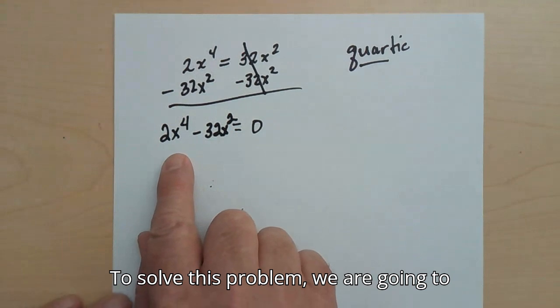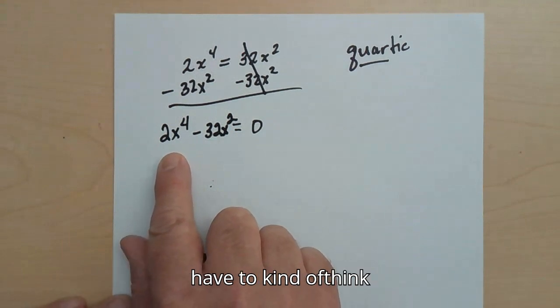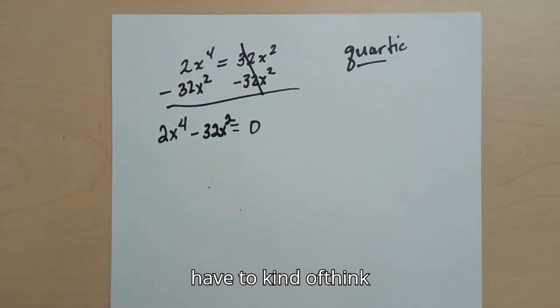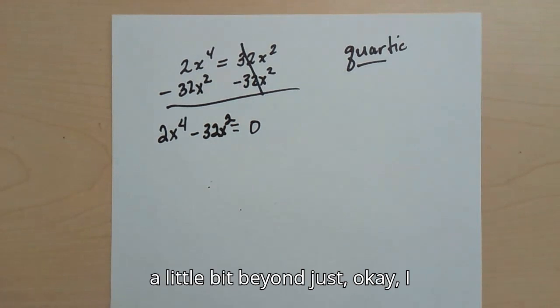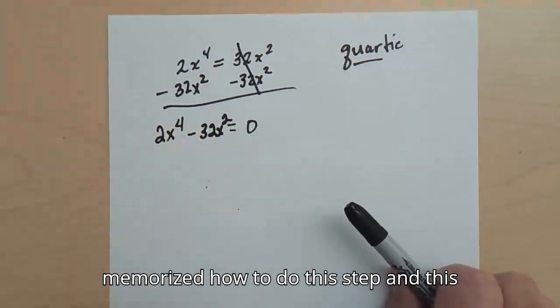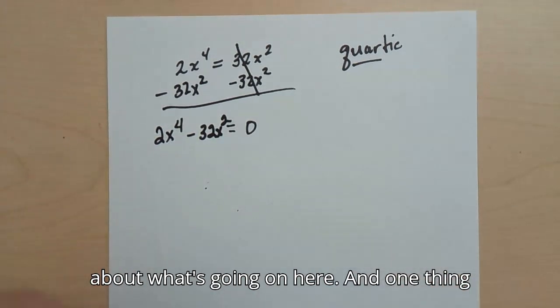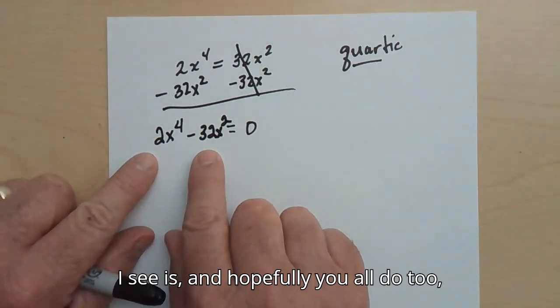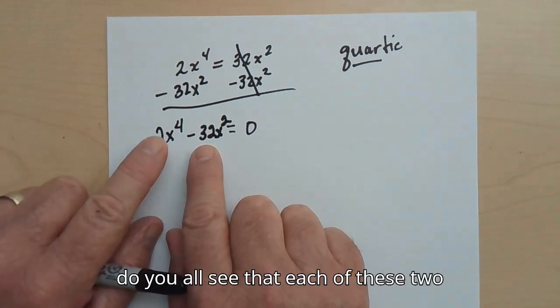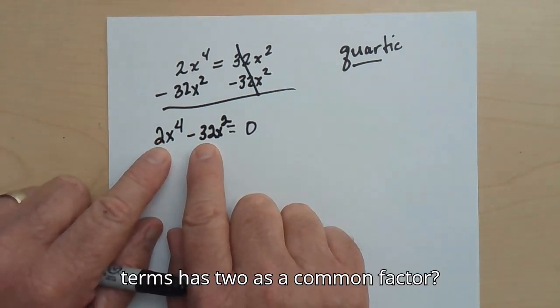To solve this problem, we're going to have to think a little bit beyond just, okay, I memorized how to do this step and this step and this step. We got to think about what's going on here. And one thing I see, and hopefully y'all do too, do y'all see that each of these two terms has 2 as a common factor?